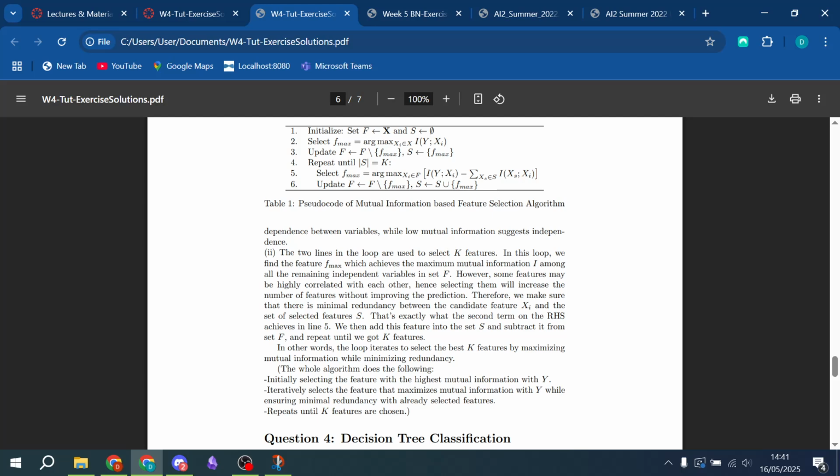Then add it to the set S, which is what this does, and remove it from F, which is what this does, and then repeat until we have K. Yeah, it iterates to select the K best features. That's the whole algorithm.